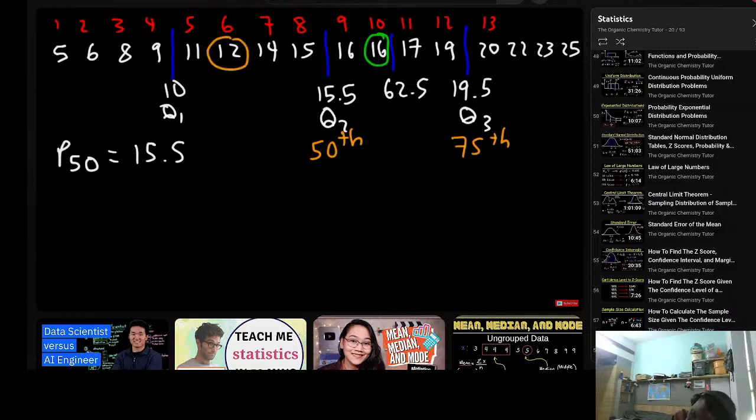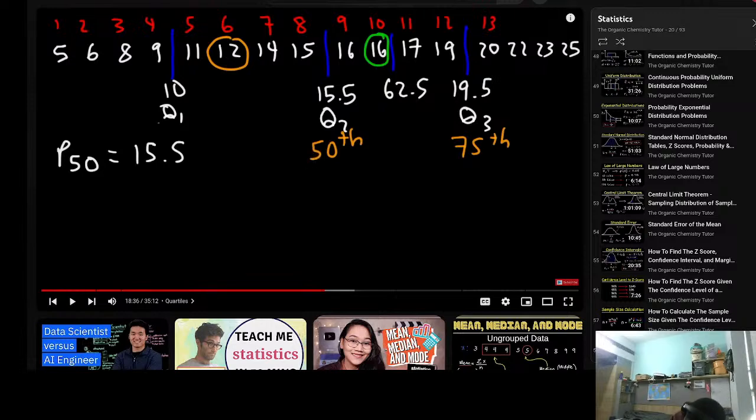Let's use 12 for example. Now we know that 12 is between the 25th percentile and the 50th percentile.